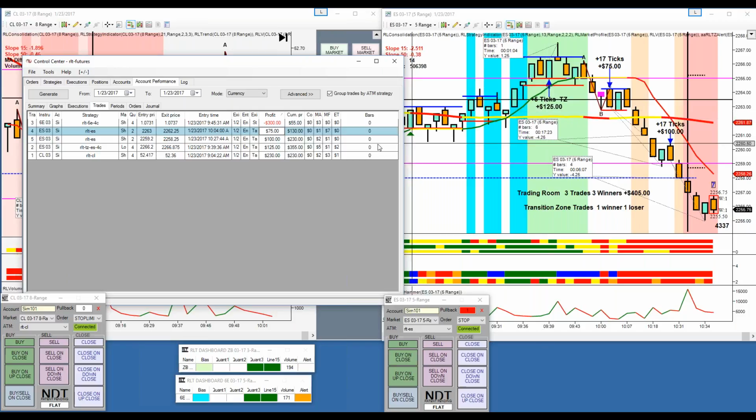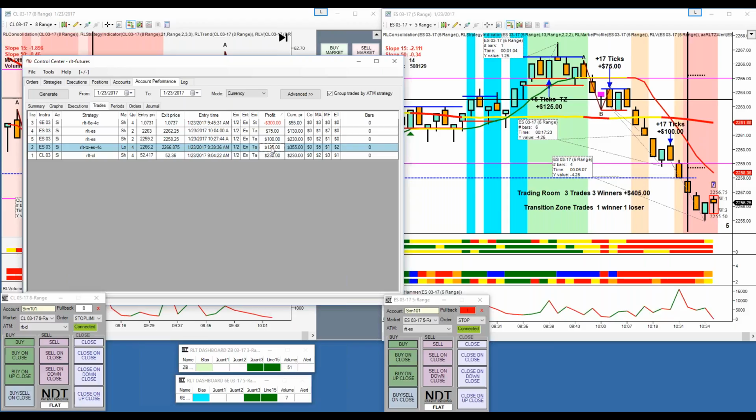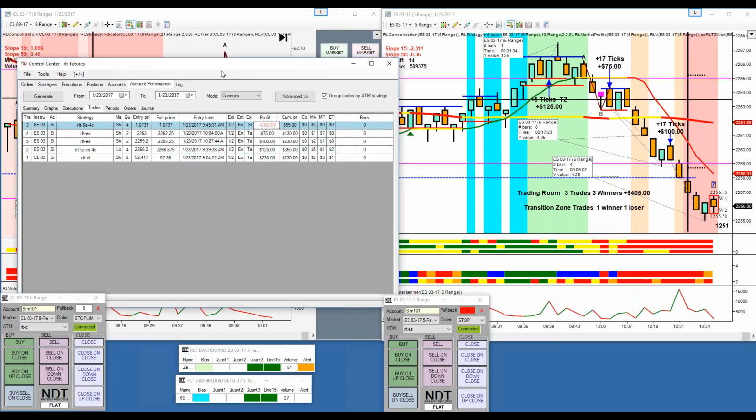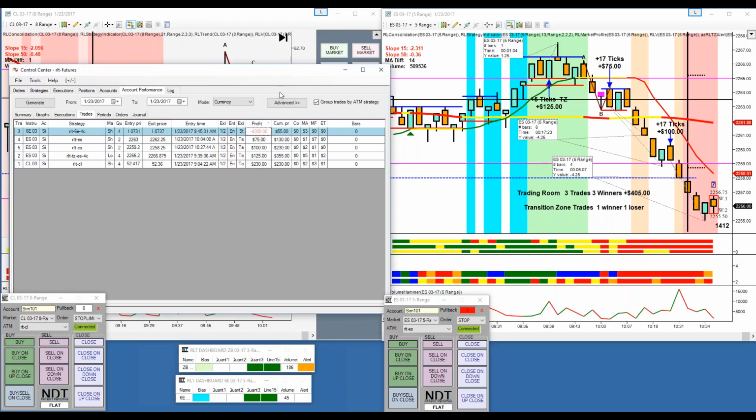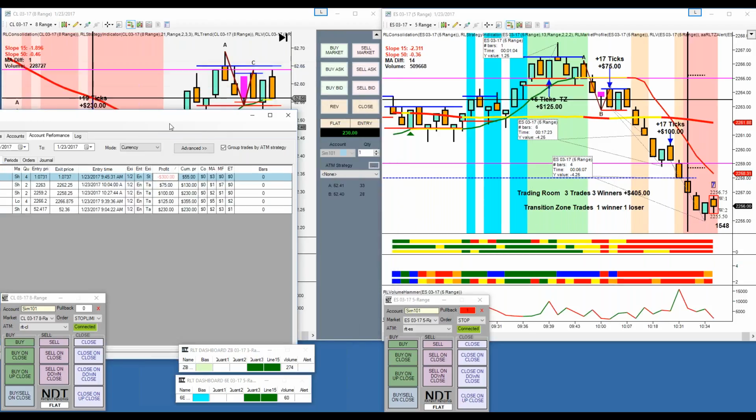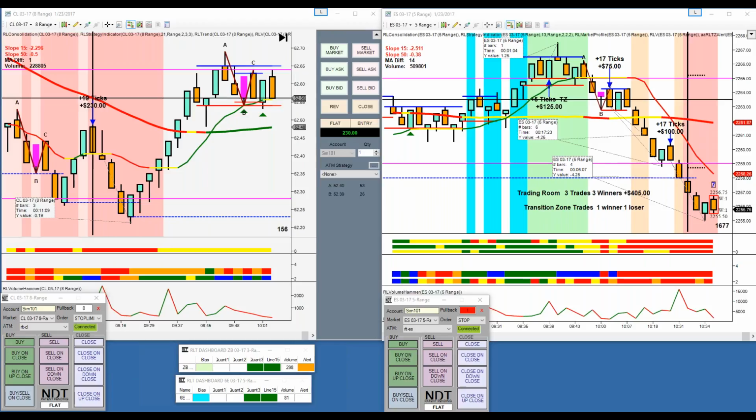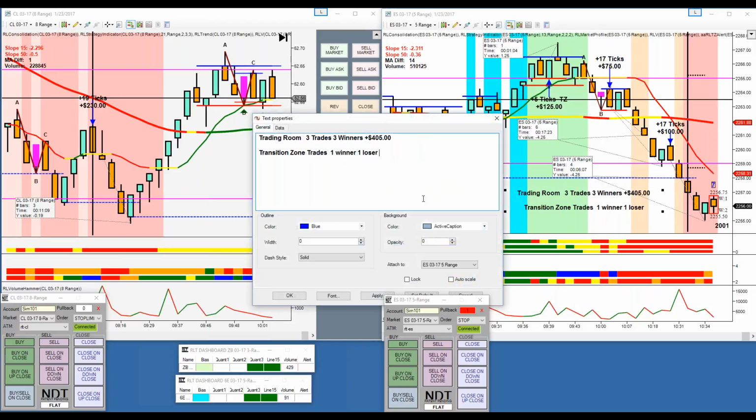I'm sorry, $125 winner right here. And it had a $300 loser here, and that was on the 6E. So the transition zone wound up with a $175 loss. Loser, minus 175 today.